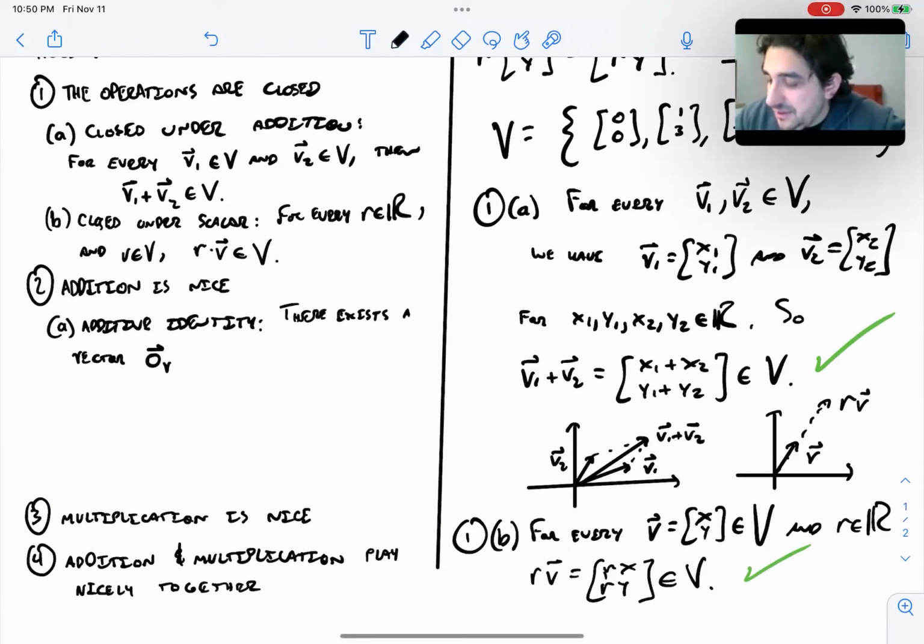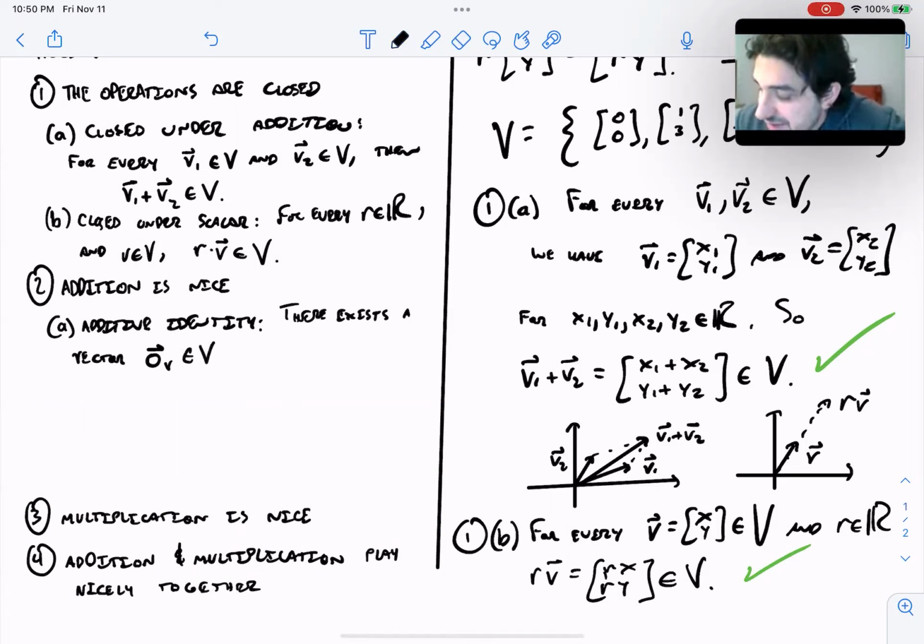And typically, it's written 0 with a vector hat on it. Doesn't mean it has to literally be what you might call the zero vector, say in physics. But we write it that way. Sometimes we'll put a subscript v to denote what vector space is the zero vector for, or sometimes you'll just put zero vector if the context is clear what vector space it lives in.